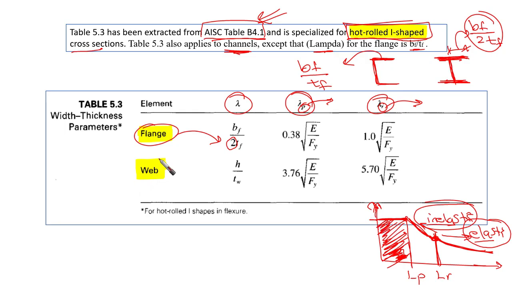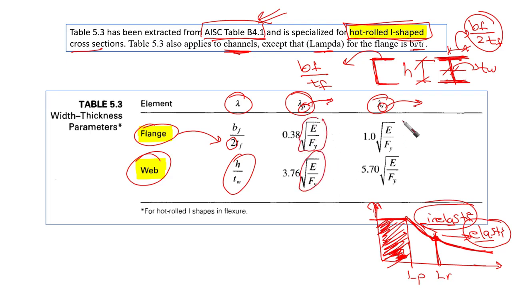For the web, we have the limits. It is going to be h over t web, where h is the height over t web, the thickness of the web itself. In our limiting values, as you can see, we always have the radical of E over F yield in all of them.